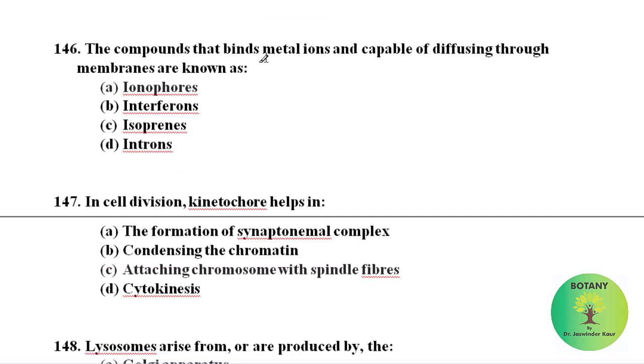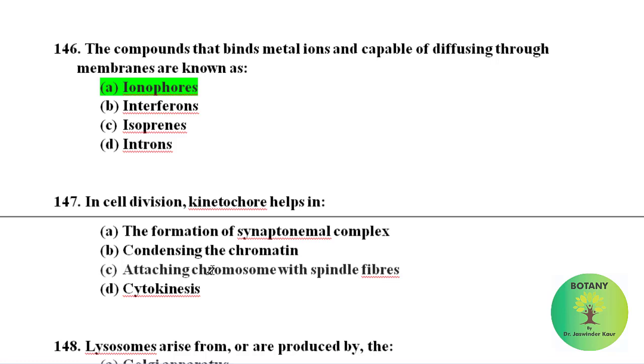The compounds that bind metal ions and are capable of diffusing through membranes are known as ionophores. In cell division, kinetochore helps in?